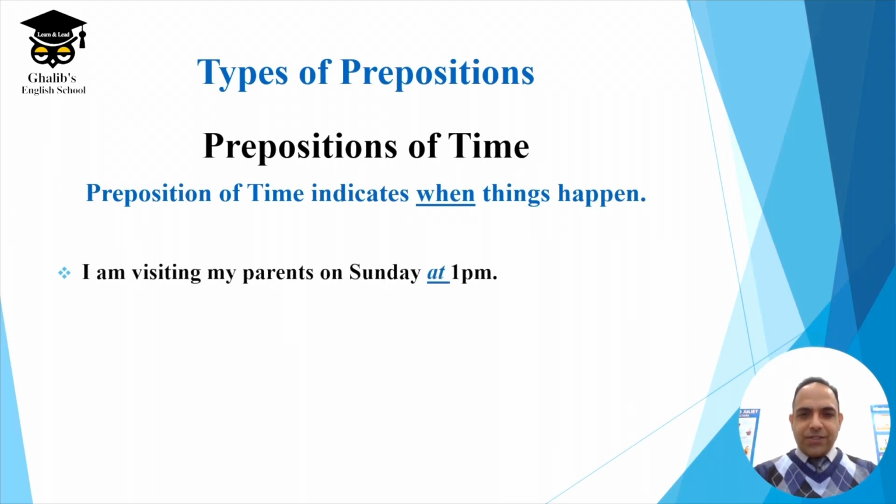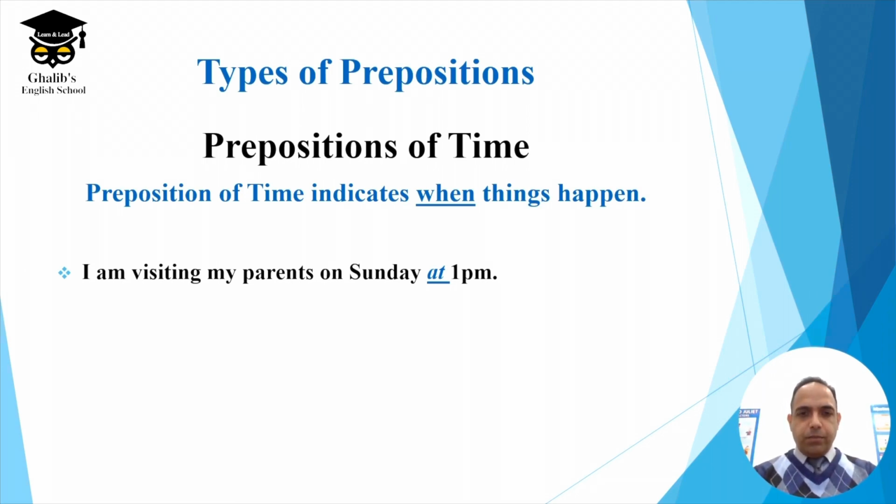If you look at this first sentence, it says, I'm visiting my parents on Sunday at 1 p.m. Technically speaking, there are two prepositions being used in this sentence, but I highlighted only one because that is more relevant to the topic, which is at. So when we talk about time, we use at. I'm going to see someone at 7 o'clock, at 1 p.m. So that's why that's been highlighted.